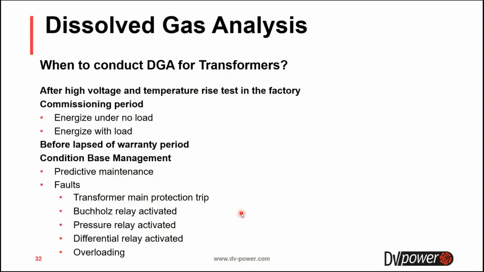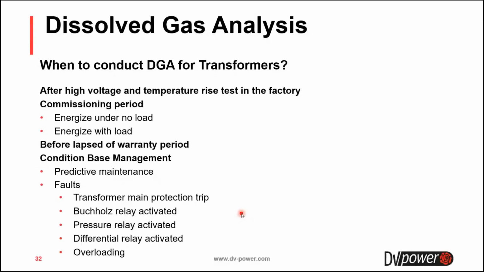We do DGA before the lapse of the warranty period. With that, we can see if anything happened in that warranty period: 1 year, 2 years, 3 years, depending on the transformer manufacturer.